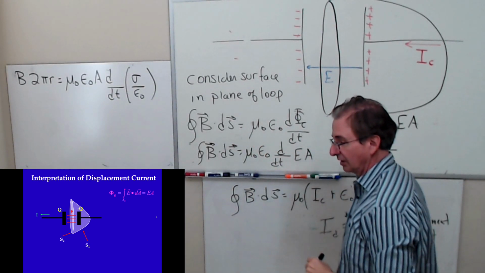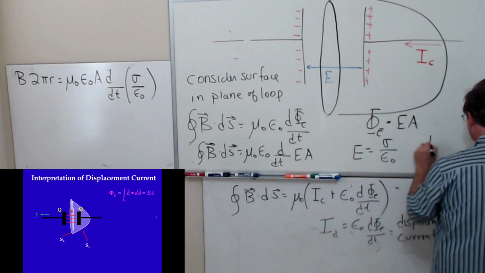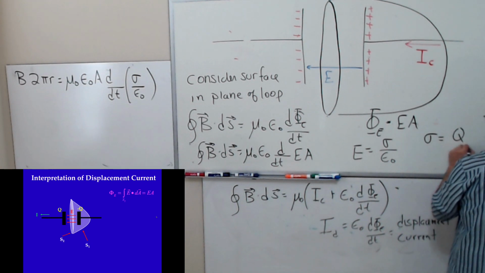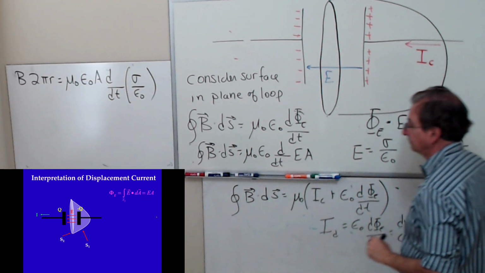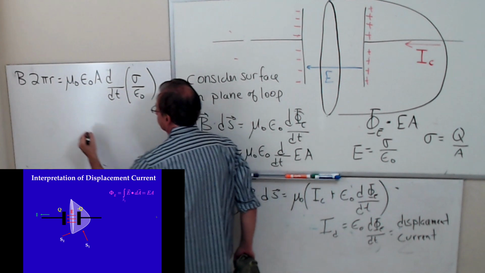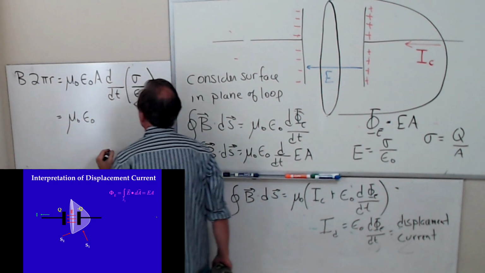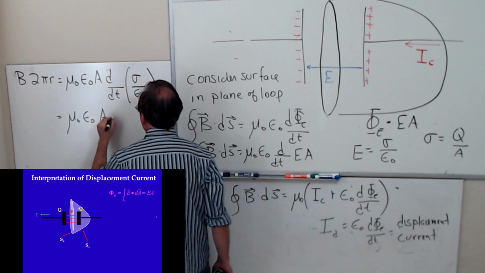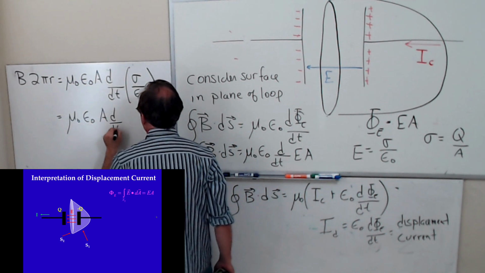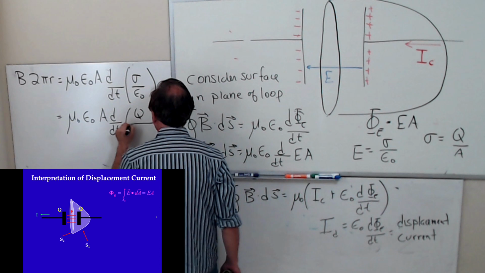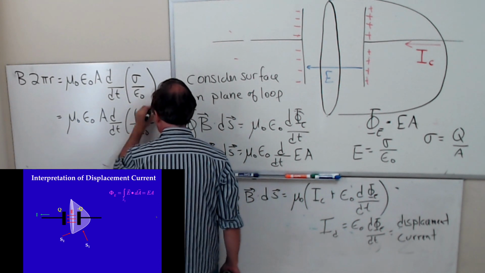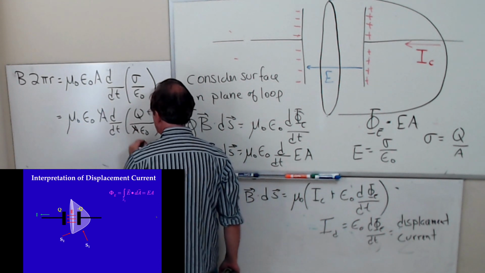What is sigma? Sigma is Q over A. The A's cancel.